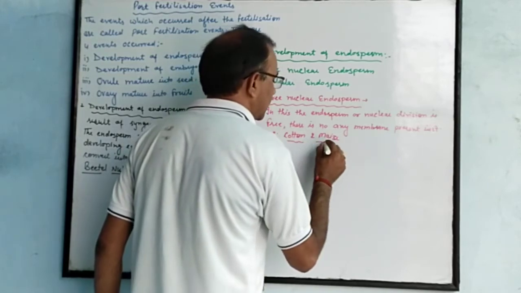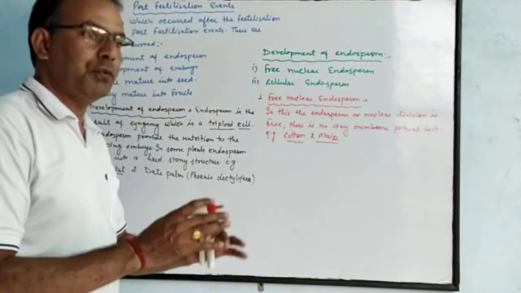In cotton and maize, the nuclear division of endosperm takes place freely.